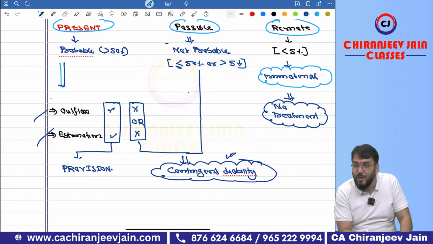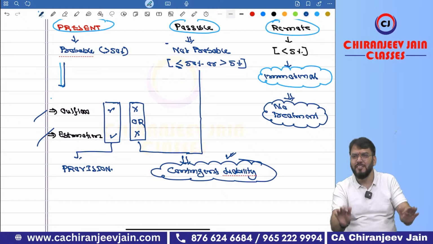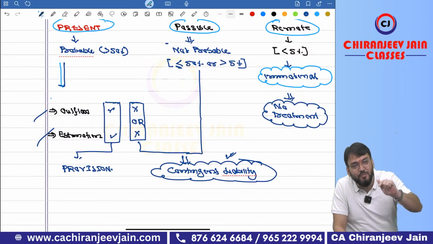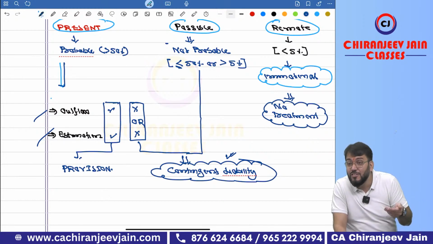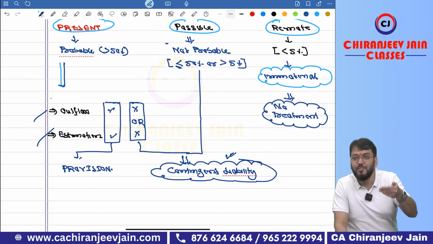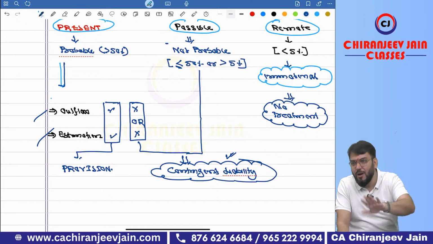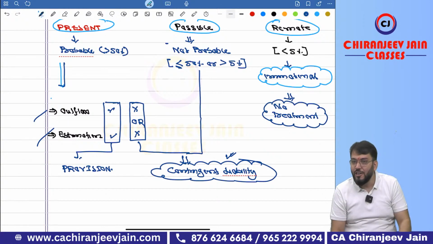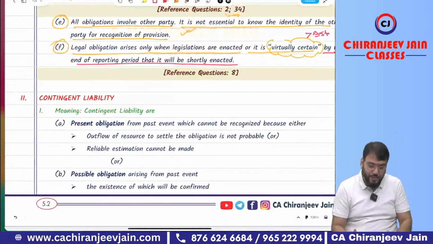Means all possible obligations arising from past event are contingent liability. Simple definition. Can you repeat with me? Done? Correct?